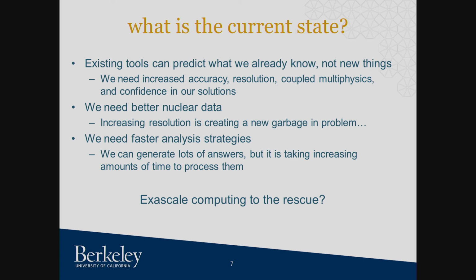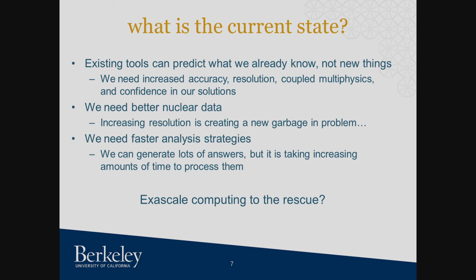So we can get the answer really well when it's something we already know how to model. We're not quite up to modeling things we don't know very well. So we need to continue to increase accuracy of our methods, increase the resolution of what we can calculate, get coupled multiphysics right, and have significant verification and validation efforts so that we can have confidence in our solutions.